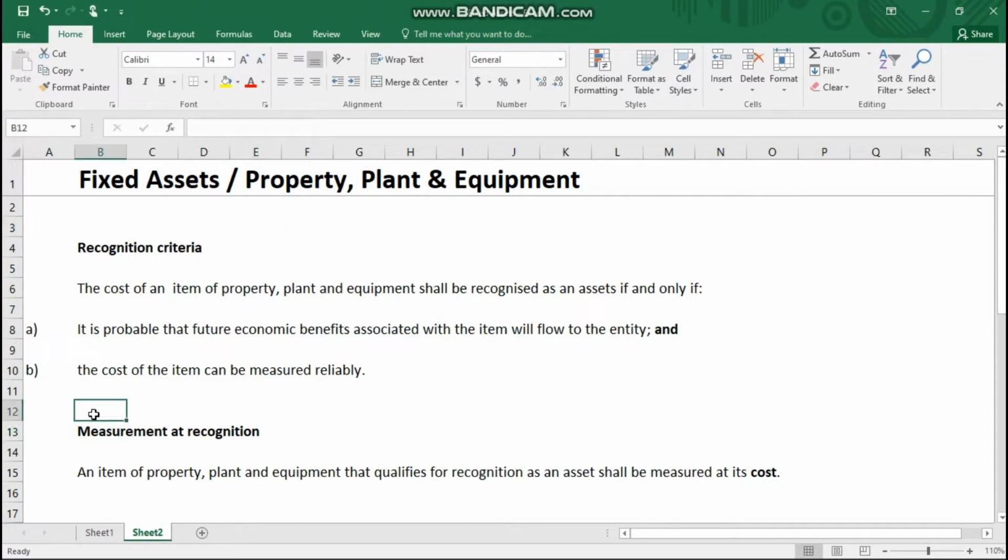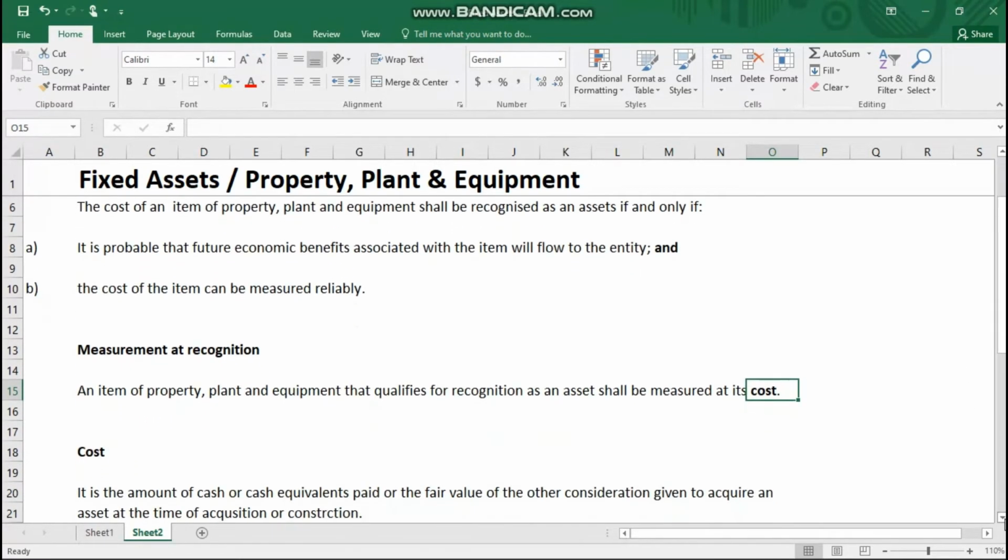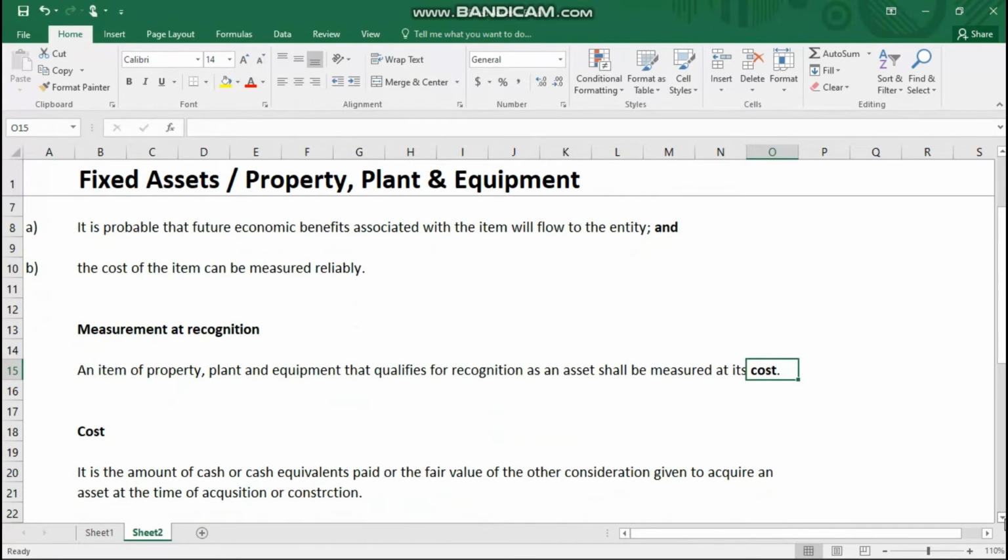So far we have seen the recognition criteria, and we have seen that at what amount an item of property, plant and equipment shall be recognized. So we know that it should be recognized at cost. Okay, so let's move further and define cost. When we say cost of an item of property, plant and equipment, what are the elements of the cost and how can we define the cost?